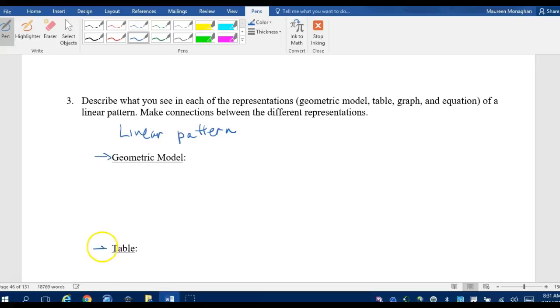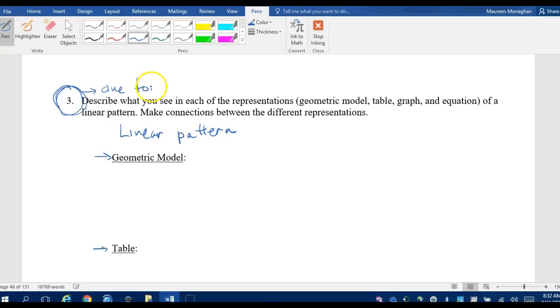What's a requirement for a table? What's the requirement for a graph, and then for the equation? You give me in words what is a good explanation as to why a geometric model would be a linear pattern. So this is due tomorrow.